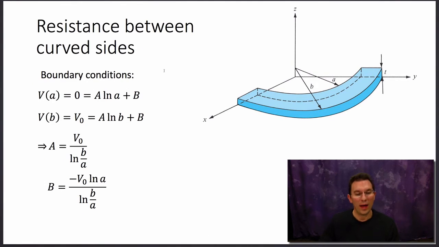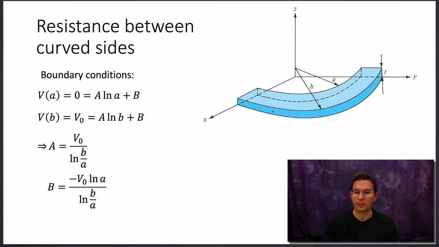We're going to find our unknowns A and B by applying boundary conditions. The first boundary condition was that the potential along this inner curved surface at rho equals a vanishes. In other words, it's equal to 0. And so therefore, 0 is equal to capital A natural log of rho equals little a, plus B. This is our first equation.